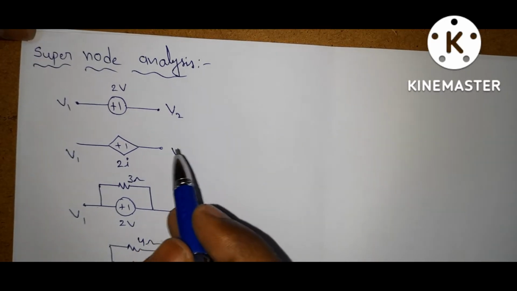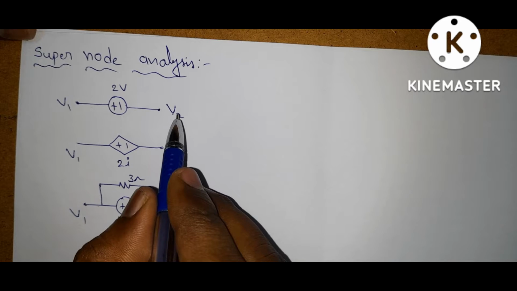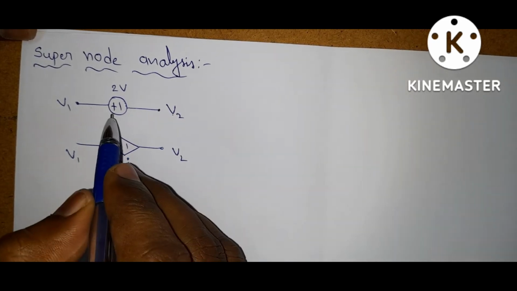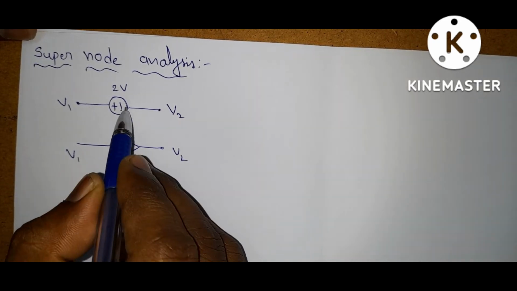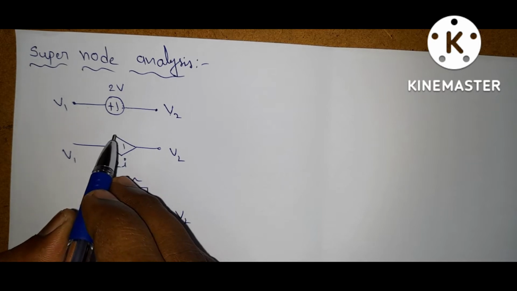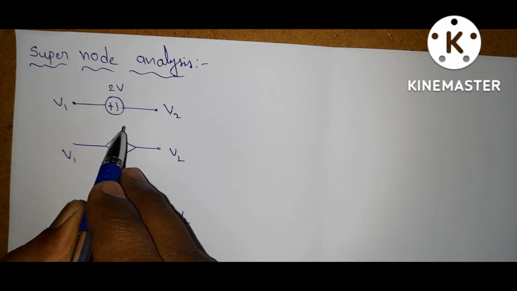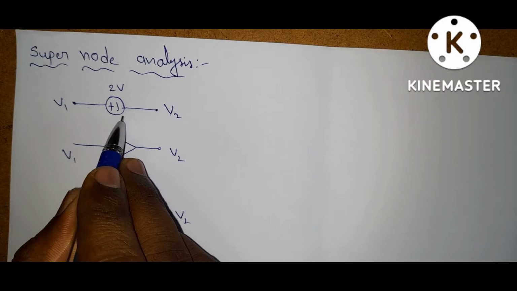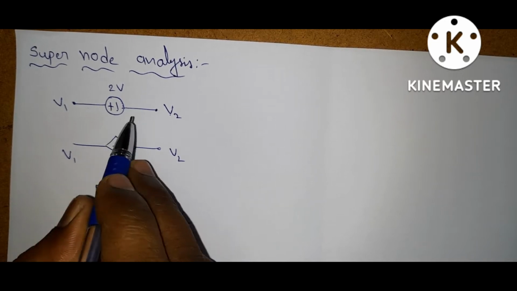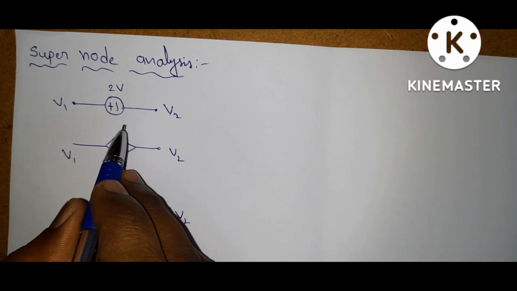Whenever you want to solve any circuit by using supernode analysis, first open the dependent or independent source, then write the node equations for all the remaining nodes, and then finally apply KVL for the supernode, then solve the linear equations. Then you will get the unknown variables.